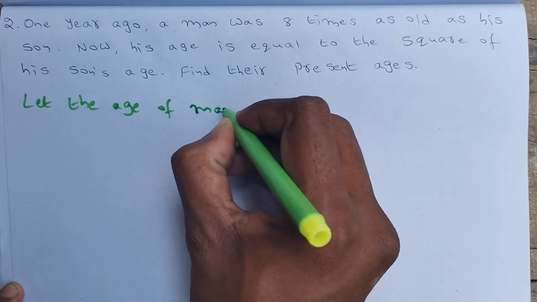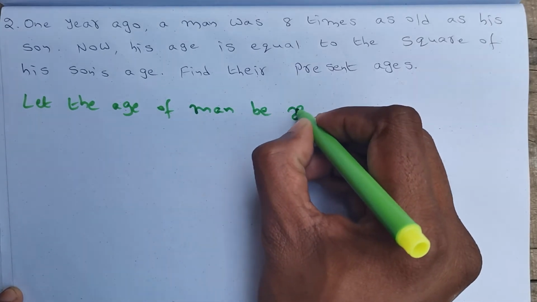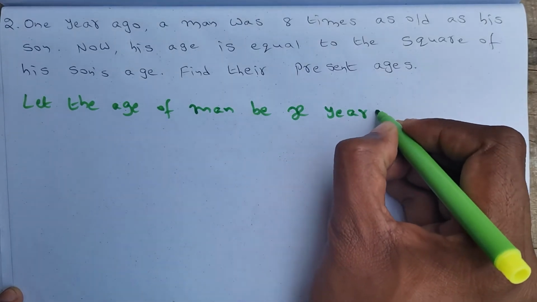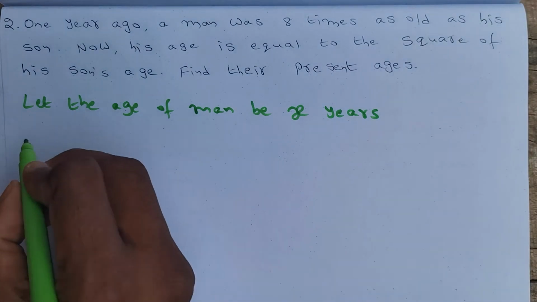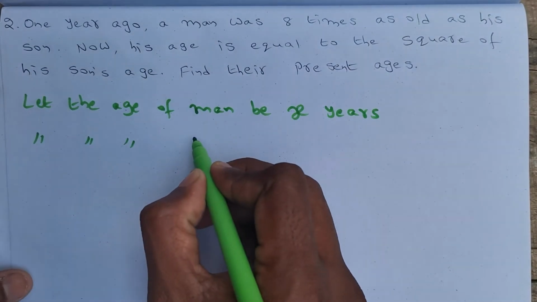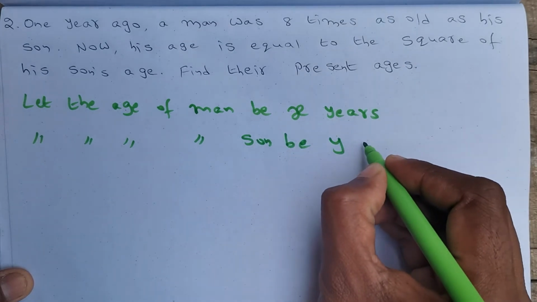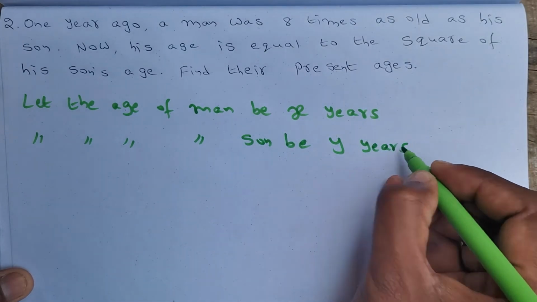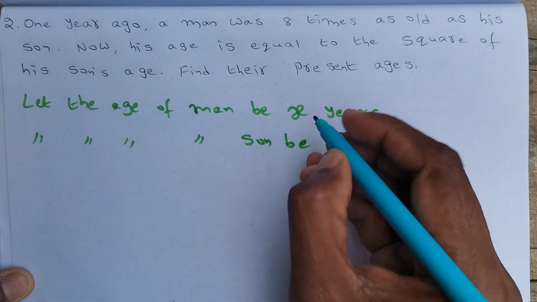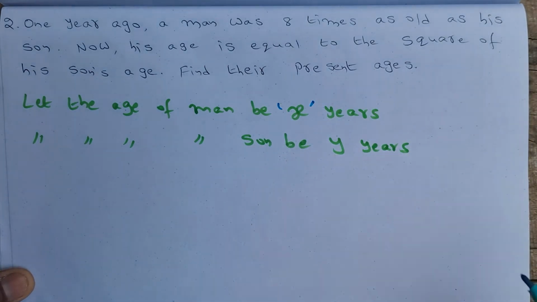Let the age of man be x years. Again son is there, so let the age of son be y years. Man age I took as x and son age I took as y.